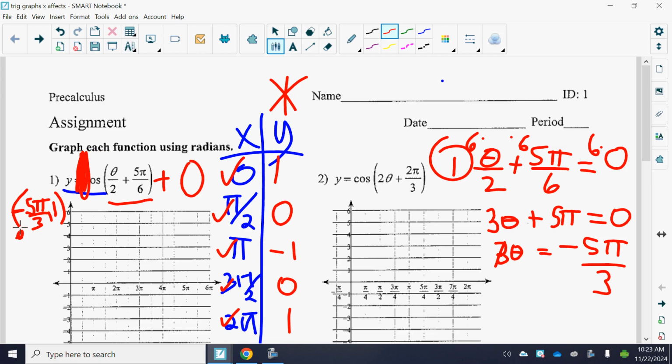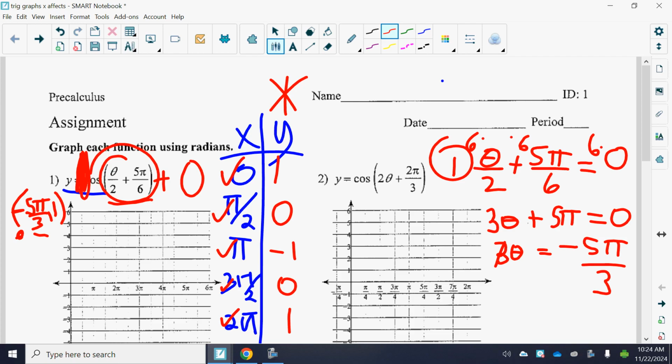Who said they didn't understand? Well, take negative 5 pi thirds and plug that in right here, my friend. What's negative 5 pi thirds divided by 2? Dividing something by 2, you just double the bottom, huh? So it would be negative 5 pi sixths.